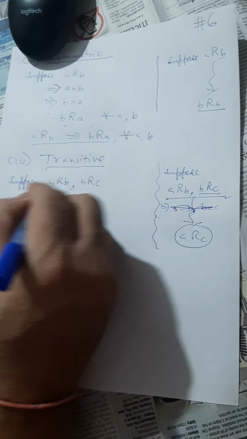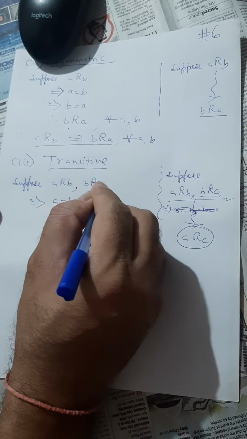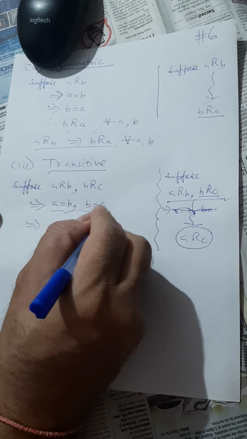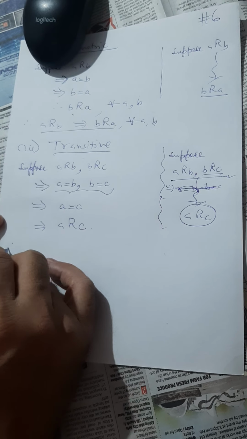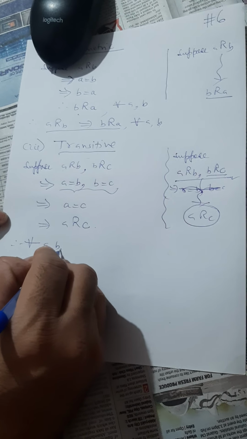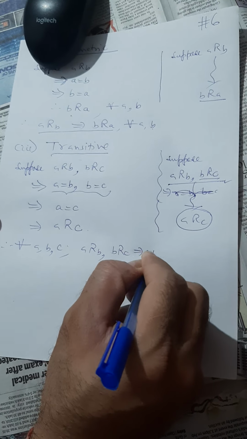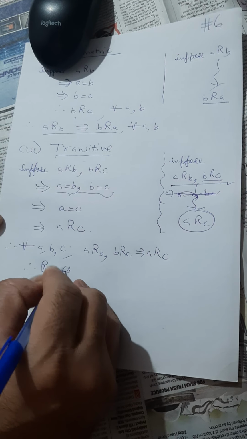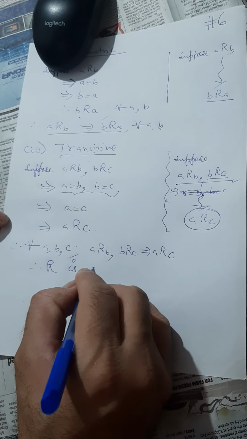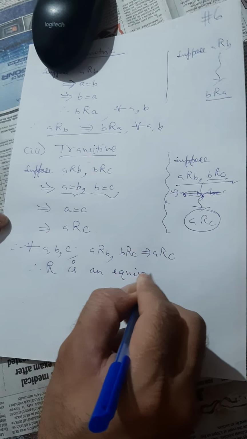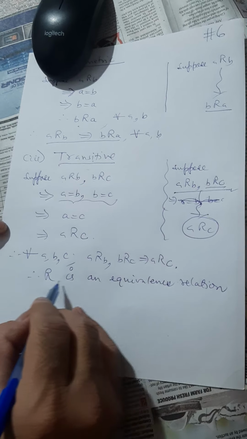What's the meaning of a related to b? a equals to b, b equals to c. This is given to us. Now we need to show that a related to c. So from these two you can say that a equals to c. So therefore a related to c. So you have shown that for every a, b, c, whenever a related to b, b related to c, it implies a related to c, and therefore R is transitive, and therefore R is an equivalence relation, because you have shown that R is reflexive, symmetric, and transitive.